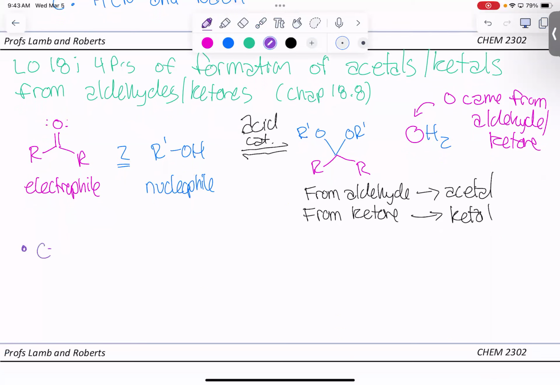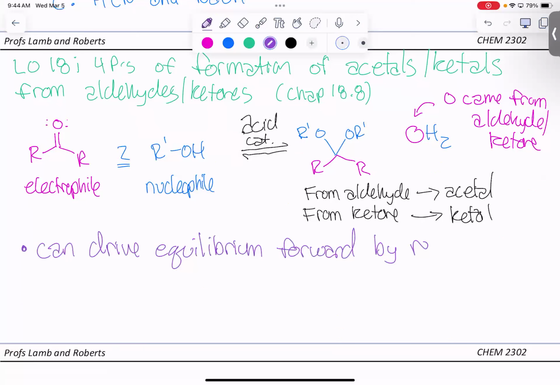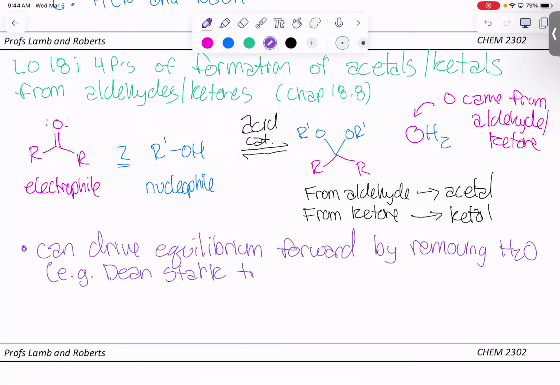So we can drive the equilibrium forward by removing water. Right, we learned this in Fischer esterification. We said that you could use, for example, a Dean-Stark trap, and that removes water from your reaction.